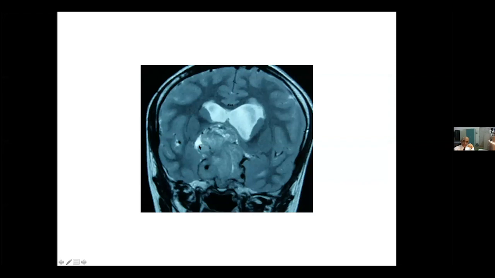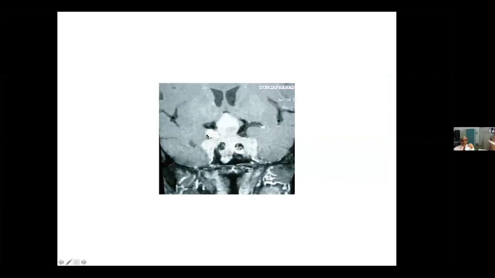This small nubbin that you are seeing, and you are seeing this cavernous sinus, the tumor elevates the dural roof of the cavernous sinus. This is the dural roof of the cavernous sinus and the elevation by the tumor.